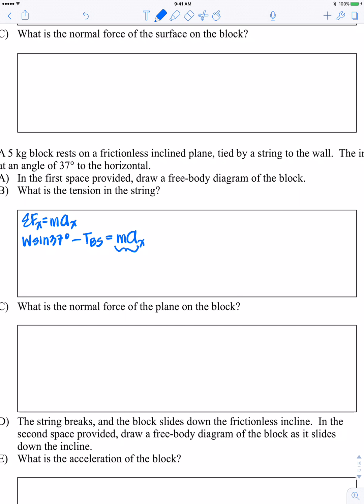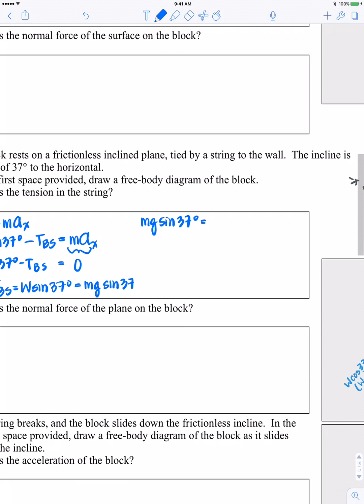But this quantity we know right here is 0. So I really have w sine 37 degrees minus tension is 0, or tension equals w sine 37. W is equal to mg, so mg sine 37. I'm okay with you guys using 10 for gravity.